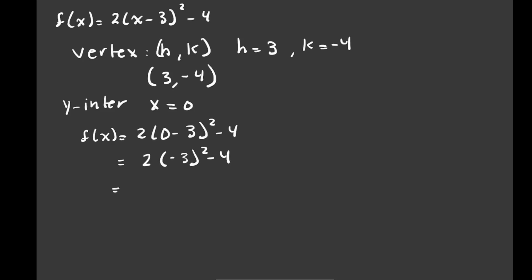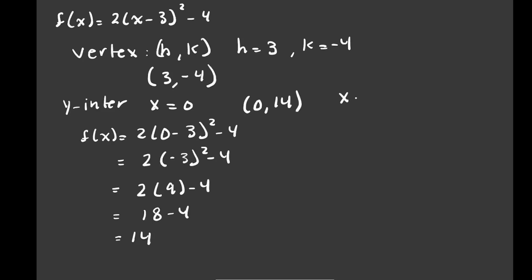Then I take care of the power. So negative 3 to the power of 2 gives you 9, times 2 is 18, minus 4 gives you 14. So my y-intercept is 14. That means it's (0, 14) for my y-intercept.